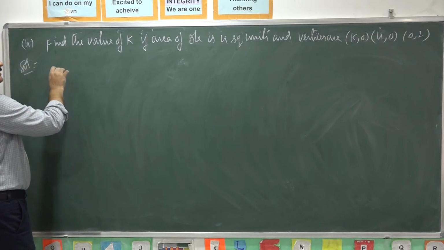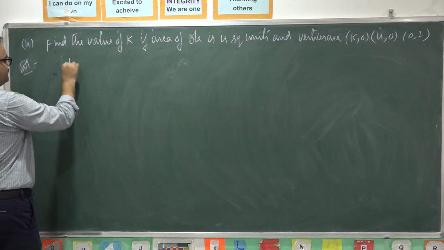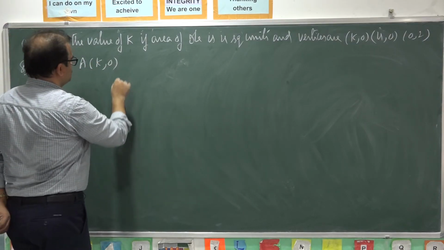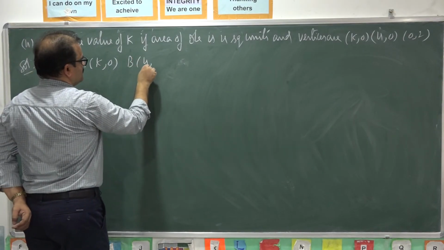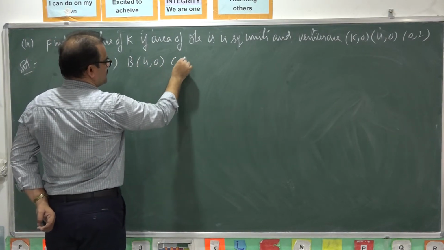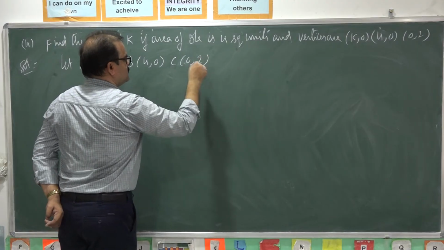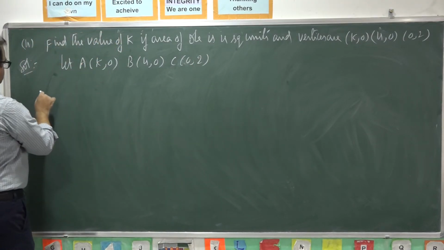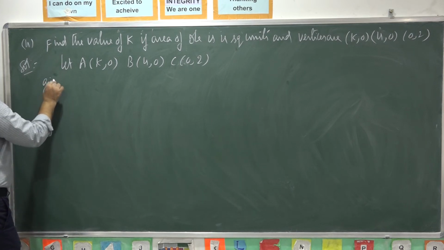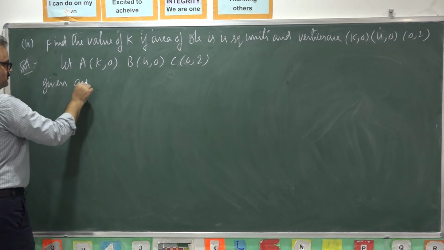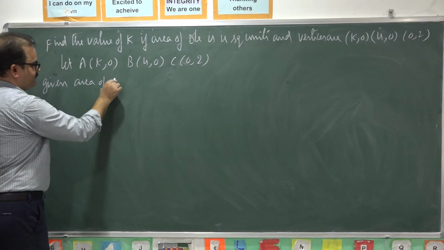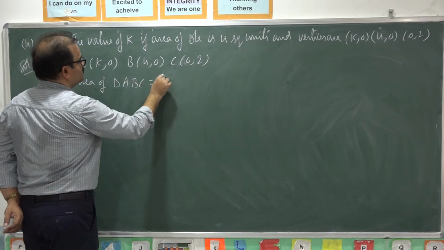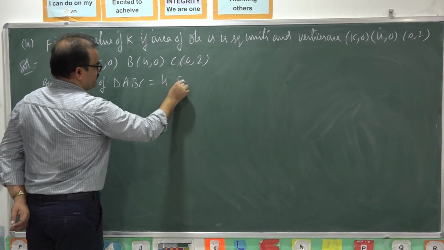Take the vertices as A, B, C. Let A be (k, 0), B (4, 0), C (0, 2). Given the area of triangle ABC is equal to 4 square units.